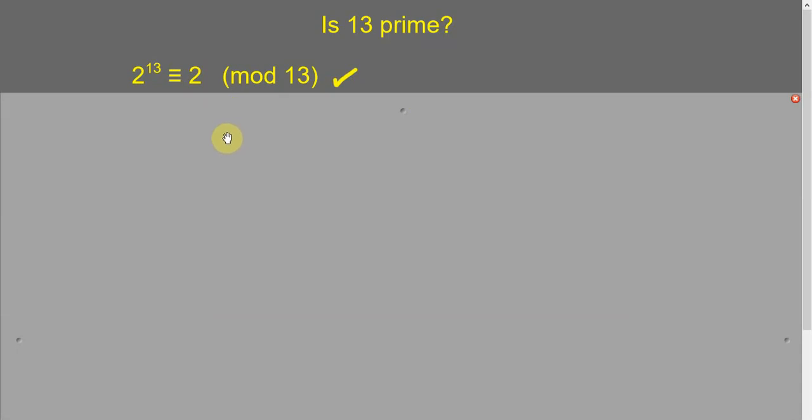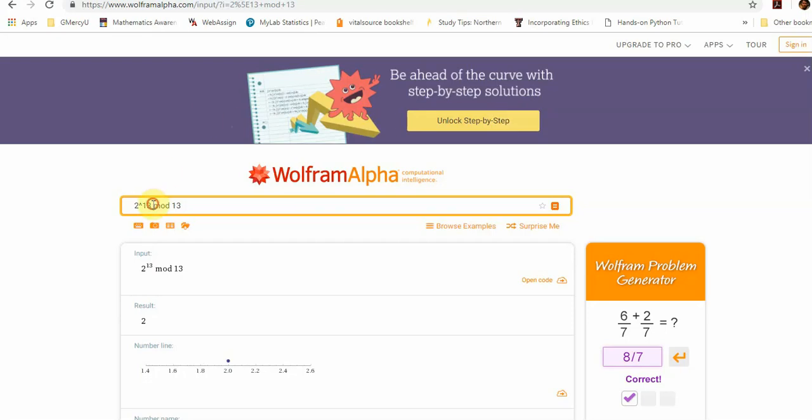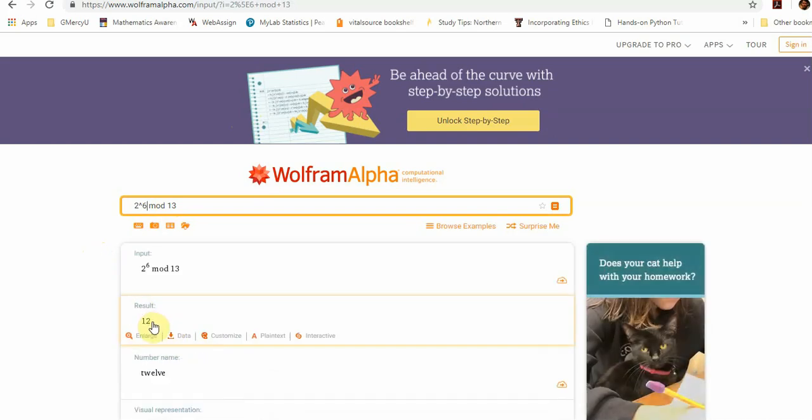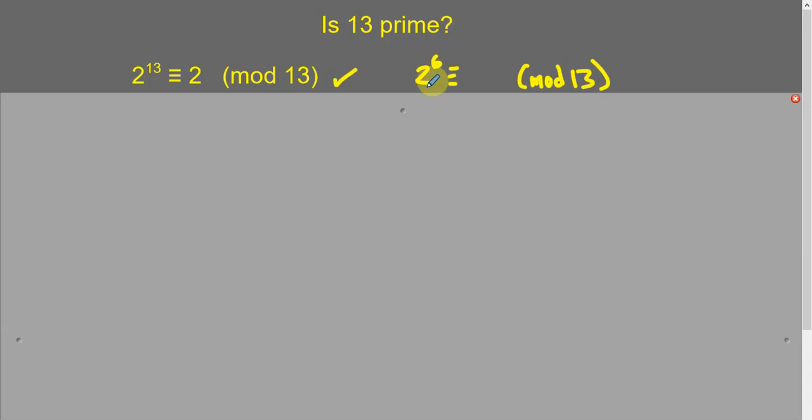So I take the square root of 2 to the 12, and that's 2 to the 6th. And I want to see what 2 to the 6th is mod 13. And 2 to the 6th mod 13 is 12, which is n minus 1, right? 13 minus 1 is 12.